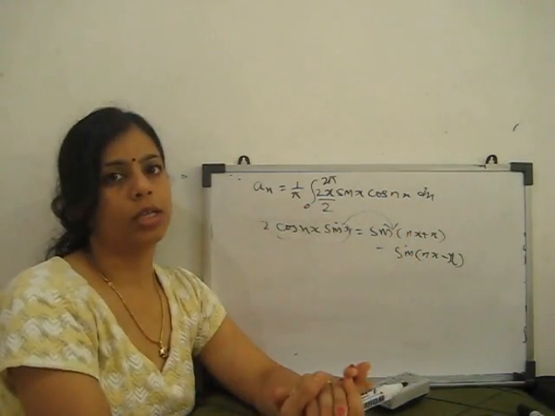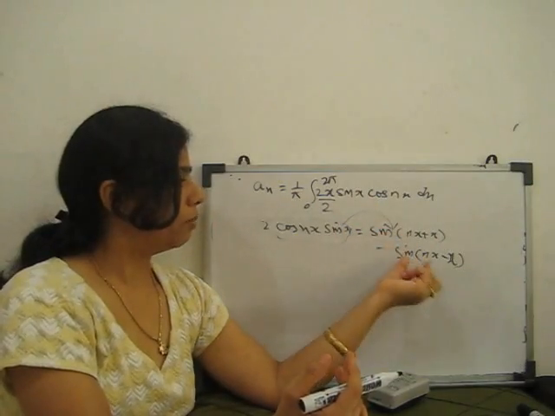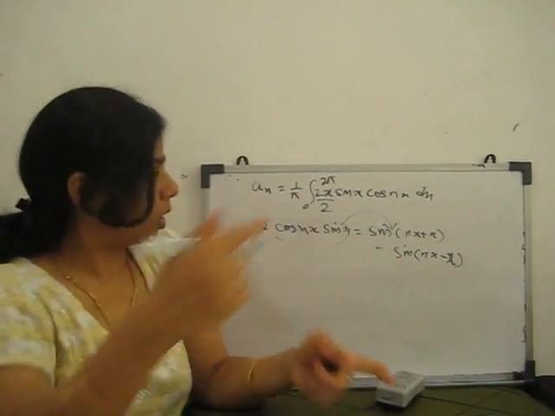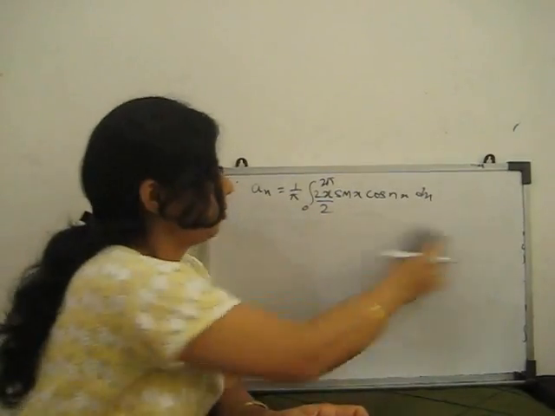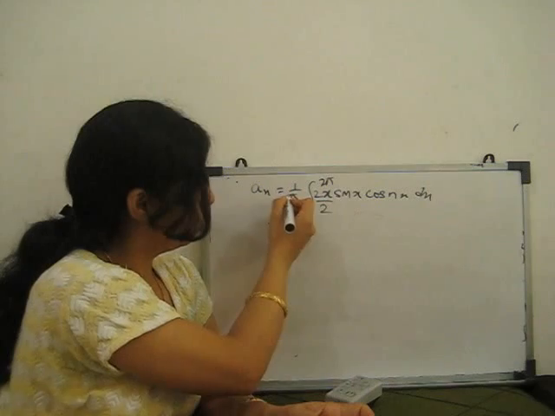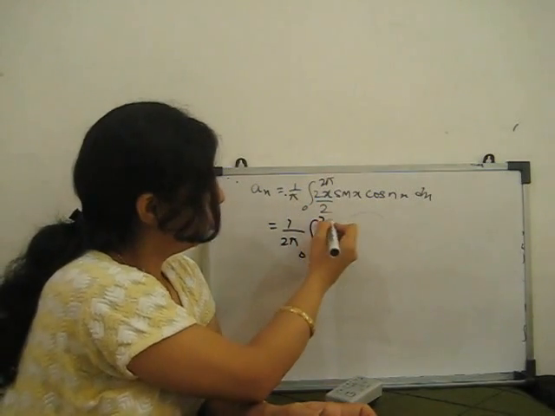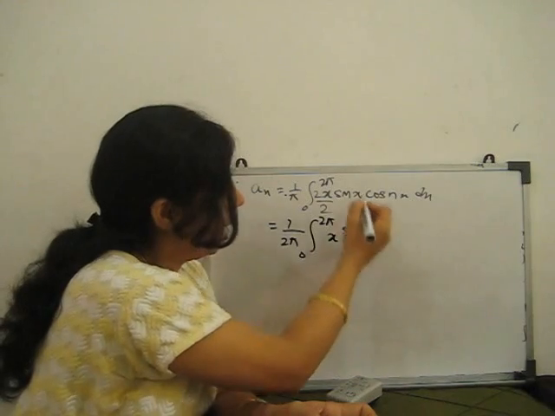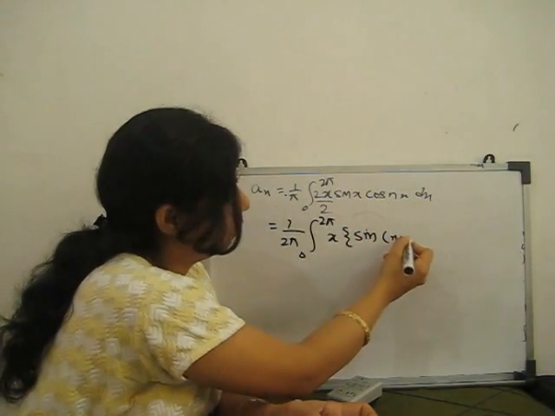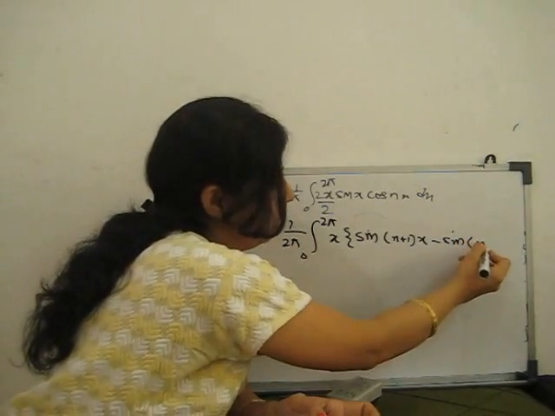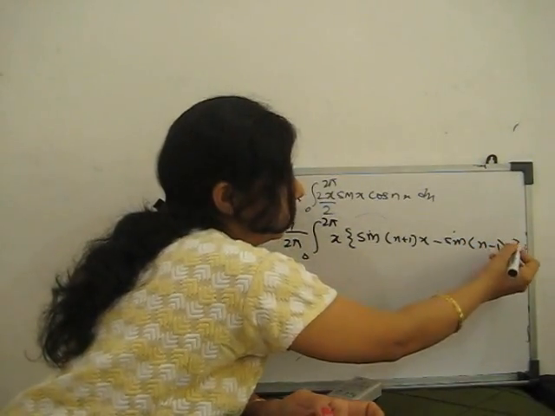So with the help of this we break it and then integrate. So substitute here 1 upon 2 pi, this 2 goes here, 0 to 2 pi x [sin(n plus 1)x minus sin(n minus 1)x].